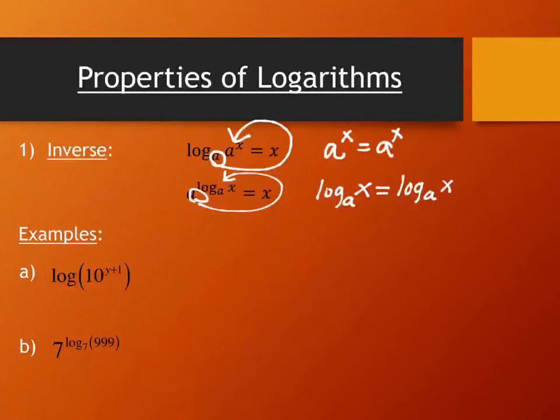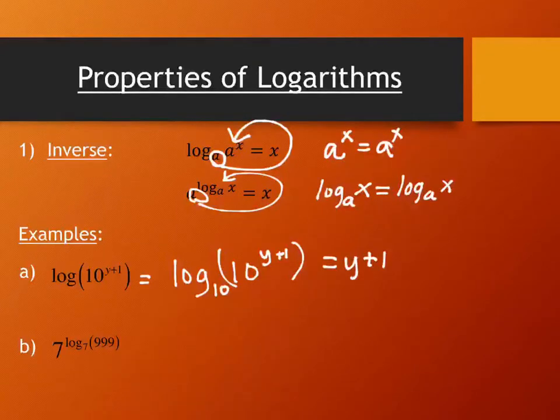So what you really have happening here, let me just rewrite it with that base 10, is that it looks like this. And the fact is that since you have the log base 10 here and the 10 here, according to the inverse property, these cancel out, and all I'm going to be left with is y plus 1. So it simplifies things very quickly when those match up.